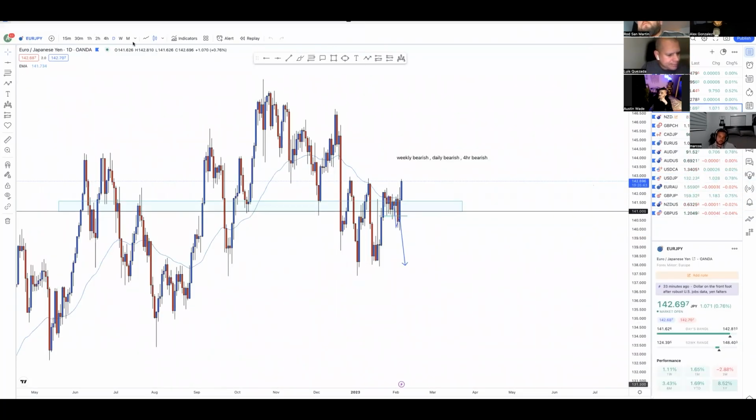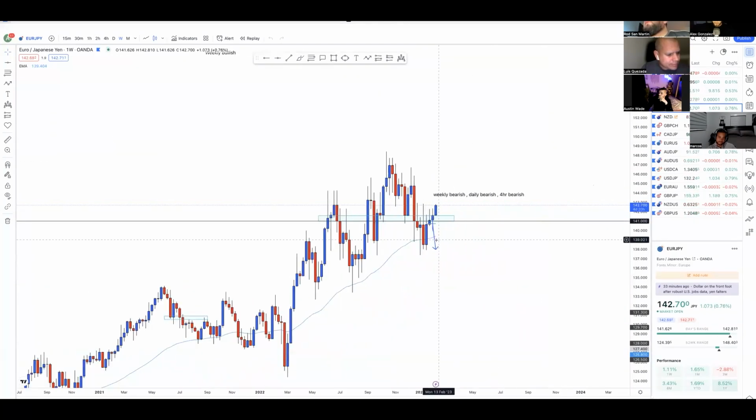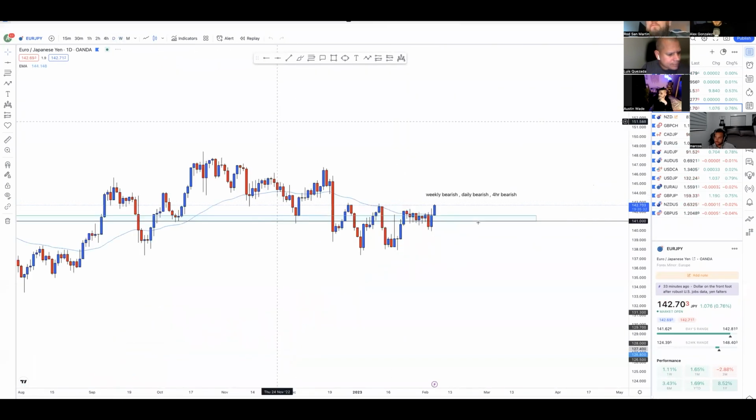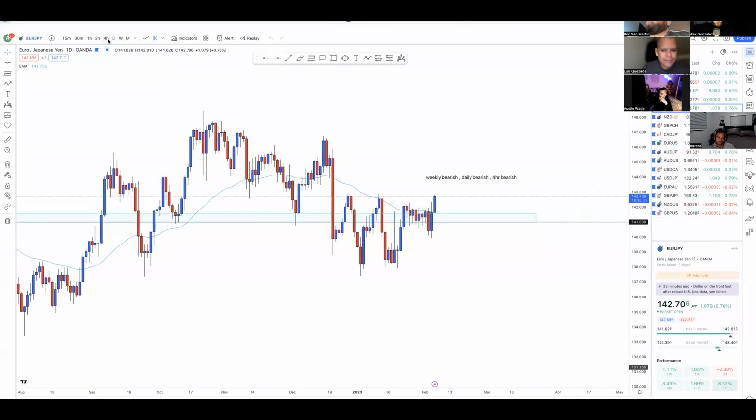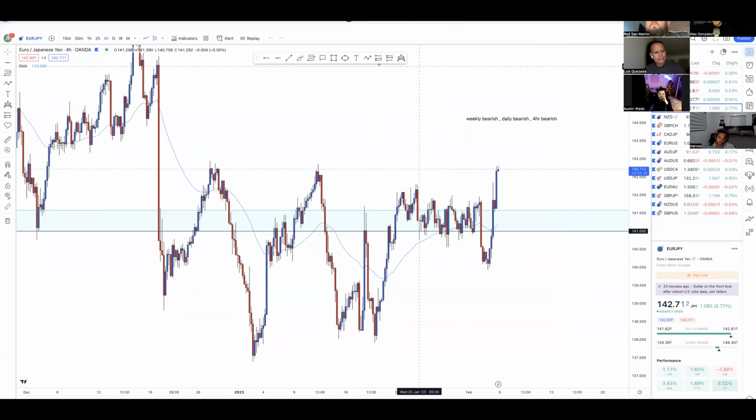Euro JPY. We are bearish. We were looking for sells last week, body closing under. If you noticed last week, we were waiting for the break under the structure point.